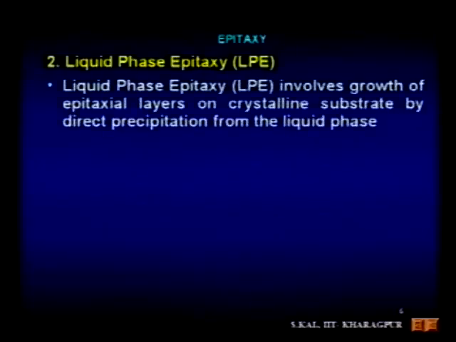Now, what is liquid phase epitaxy, LPE? LPE involves growth of epitaxial layers on a crystalline substrate by direct precipitation from the liquid phase. That means here the precursor material is in liquid form.